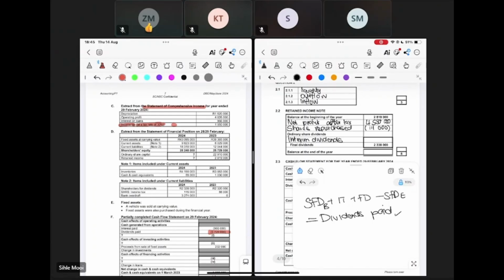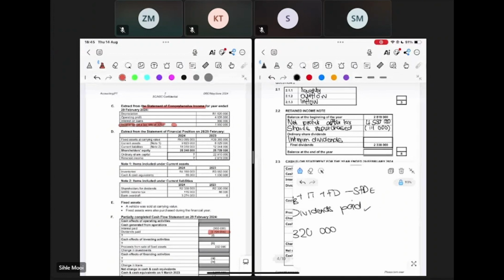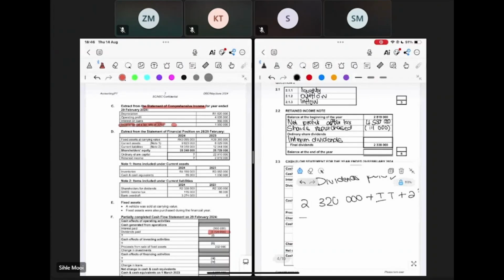So what we are going to do in that case is take our shareholders for dividends at the beginning of the year, which is given in 2023 as 2,320,000, plus interim dividends, which is our unknown, plus 2,338,000, which is our final dividends, and then we subtract our shareholders for dividends at the end of the year, given as 2,238,000.